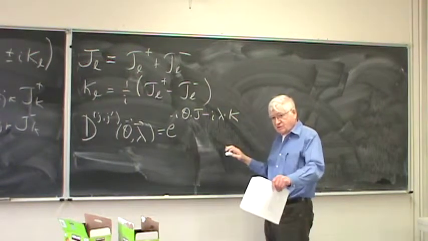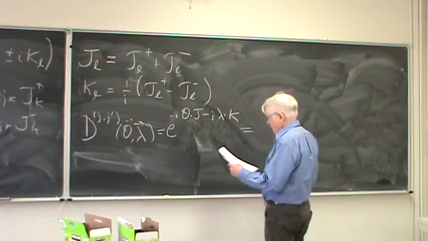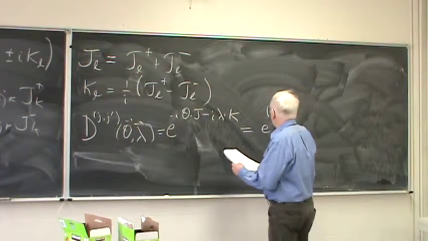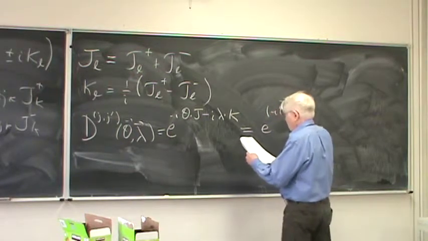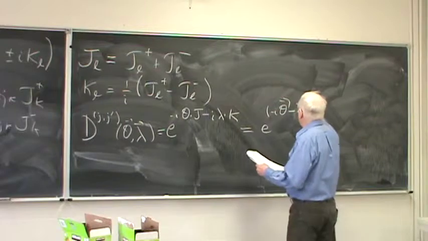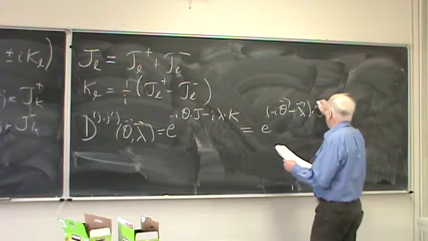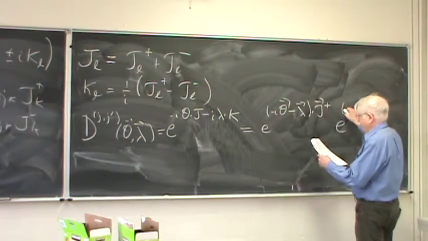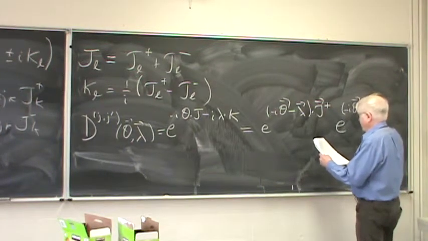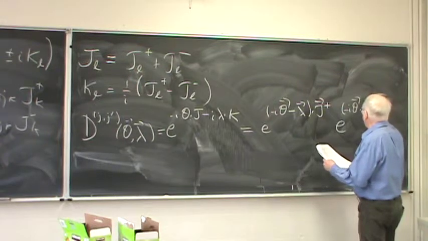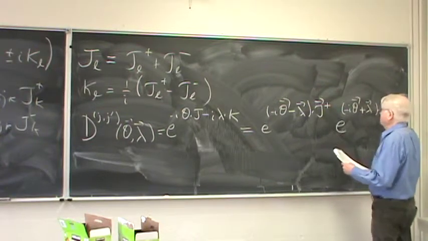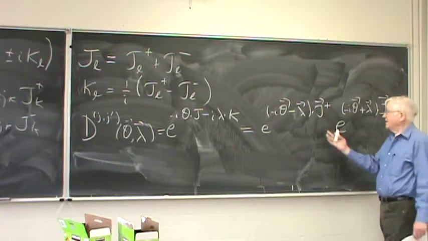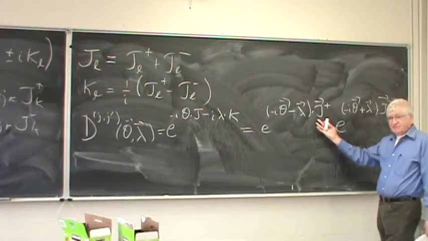Those two things commute with each other, and we can rewrite this as e to the minus i (theta minus lambda) dot J plus, and then e to the minus i (theta plus lambda) dot J minus. So we can write it this way.